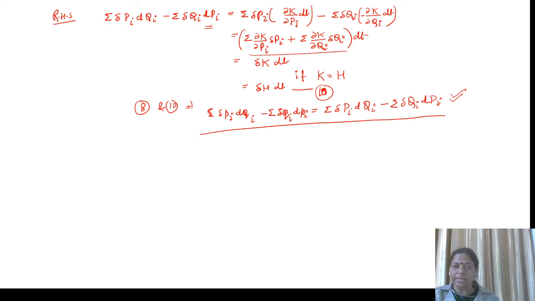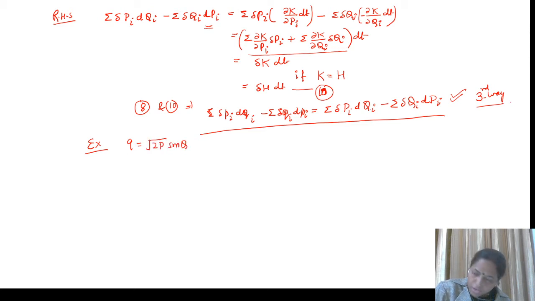Now we come to an example with the help of which we'll try to operate the three methods. Suppose I am given q is equal to root 2P sine Q and p is equal to square root of twice P cos Q. Then I have to show that the transformation equations are canonical.